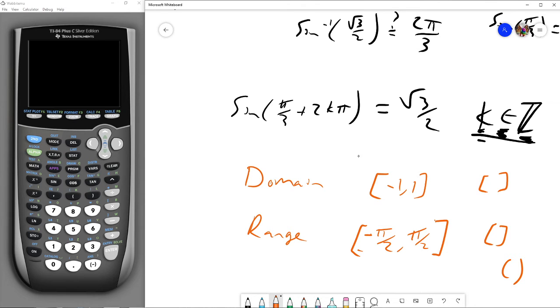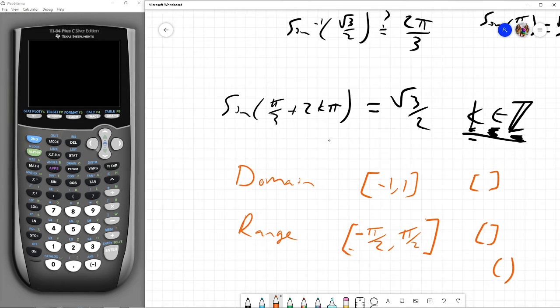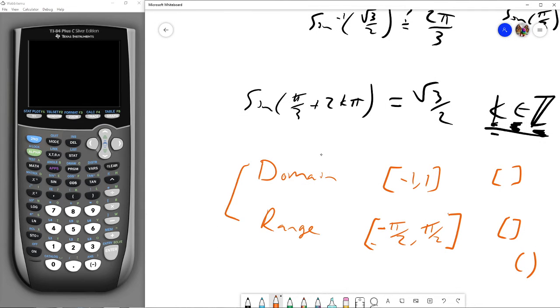Alright, so the reason why I brought up this tangent in the first place, pun intended, is because Arcsine has this as its domain and range. So when we think about the range, this fact right here tells us that Arcsine can only give you a value within that range.